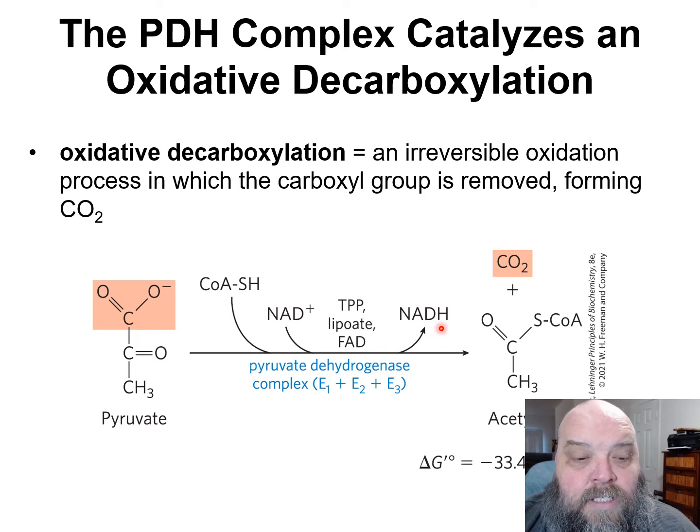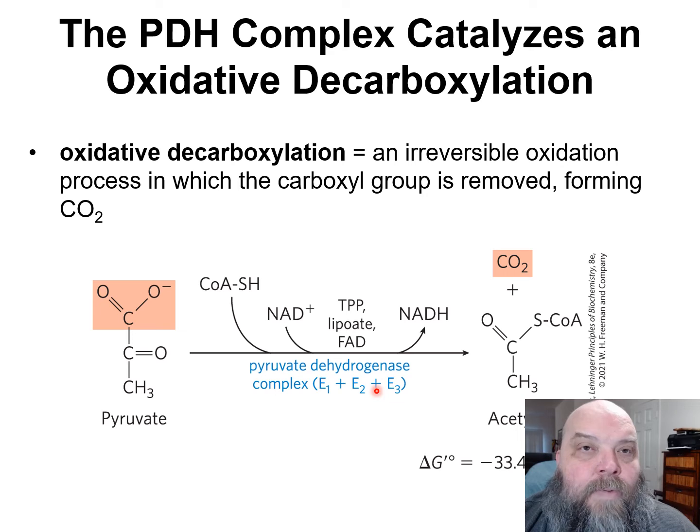Where's this hydrogen, this electron coming from? Remember the thiol group here, SH, that was the terminal end of the coenzyme A. Well, I have to lose the hydrogen there so that now you can have the bond from carbon to sulfur. So there it goes. You look right here, the delta G, negative 33.4. This is a very exergonic process.